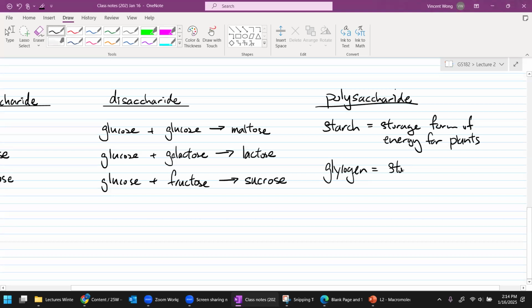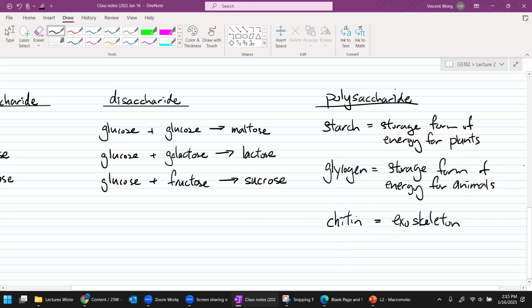Glycogen, the storage form for animals. Almost there, hanging in. What am I missing? Two more. Yep. Chitin. Exoskeleton, right?